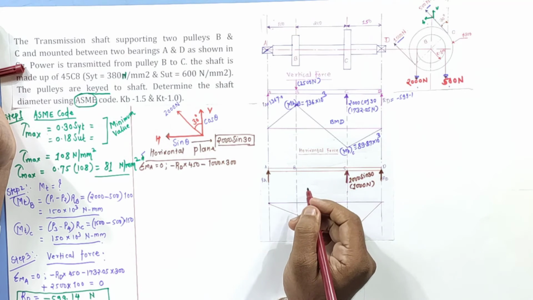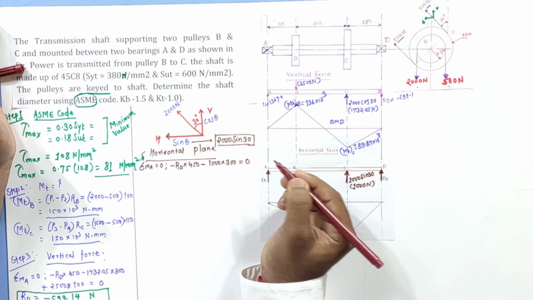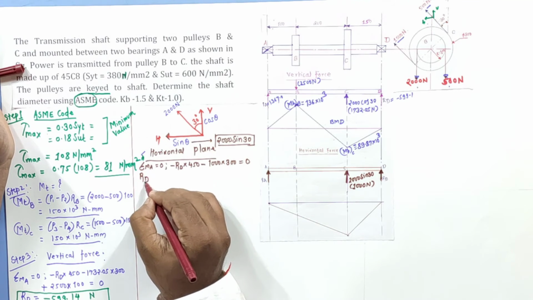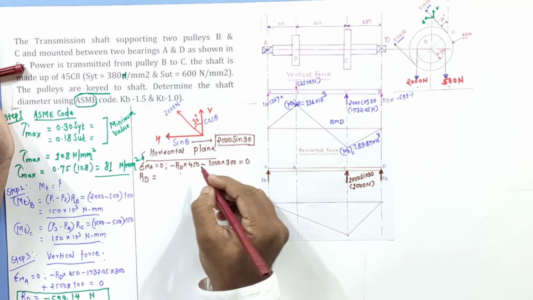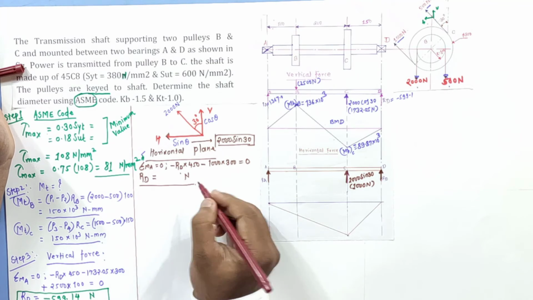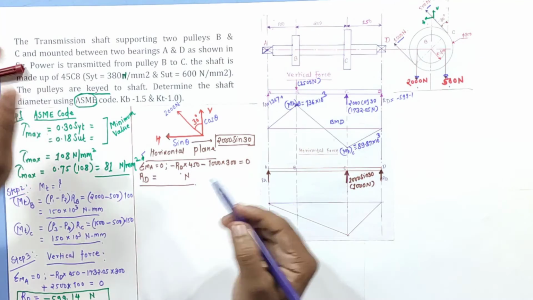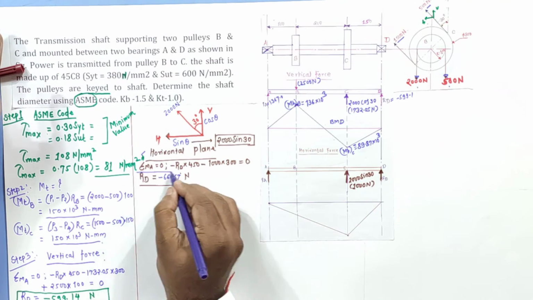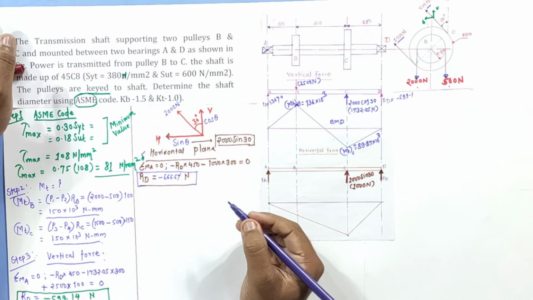Correct? So this will be equal to 0. No other force is there. So here I'll get the value of RD, the reaction force at D. I can calculate, that is minus 666.67.